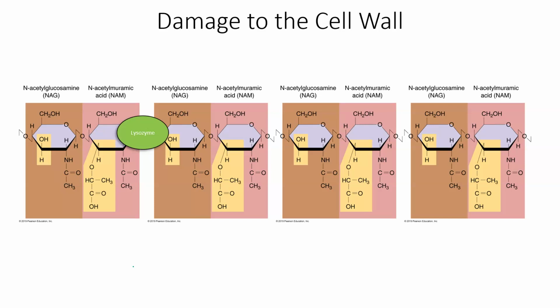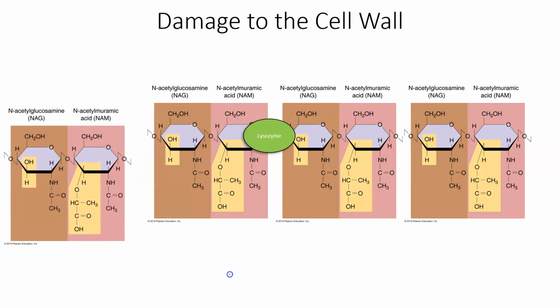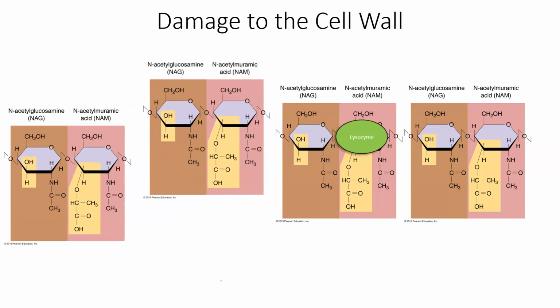We've already talked about what NAG and NAM are. Lysozyme is an enzyme that we use in our bodies in certain spots to help prevent infection by bacteria. It's going to be added to the bacteria, and it's going to start breaking the bonds between the repeated bands.